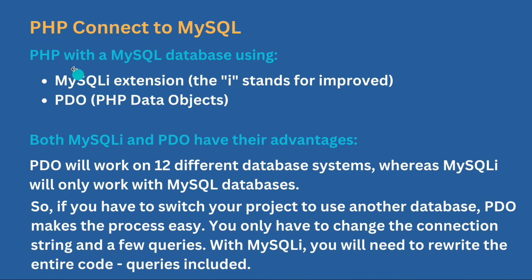One is the MySQLi extension. Here i means improved. Previously, there was only the MySQL extension, right? But as time passed, they made some improvements. And what extension did PHP create? MySQLi.